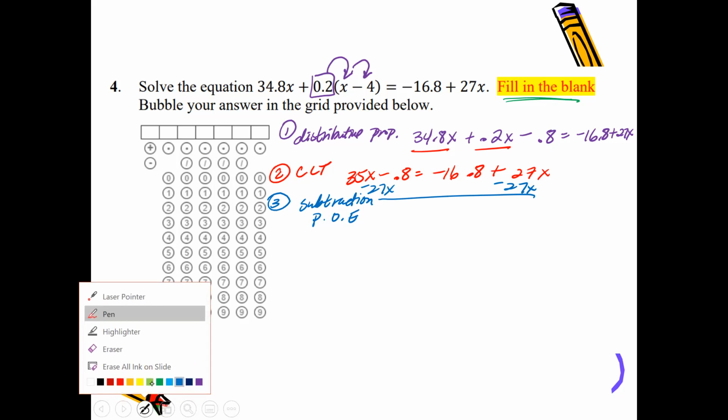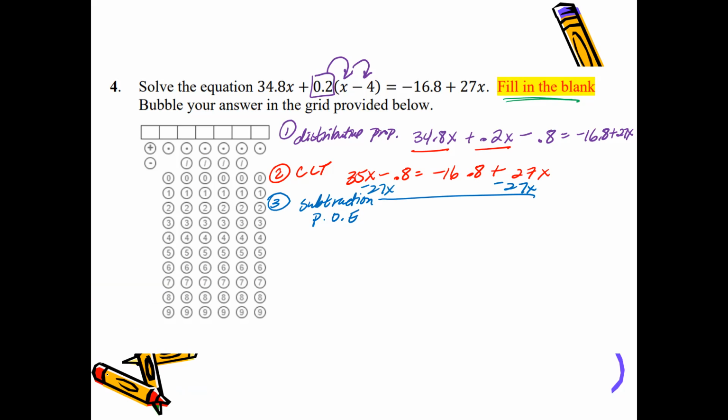And so then when I do that, what's going to end up happening is that this part cancels. You bring down the negative 16.8, negative 0.8, and then 35 minus 27 is going to give you an 8x.